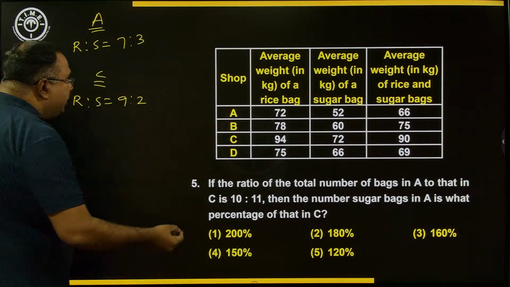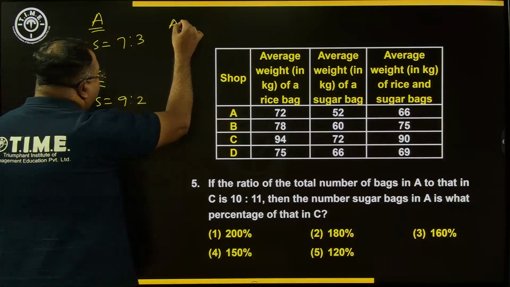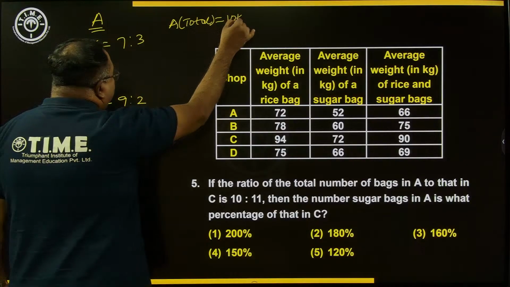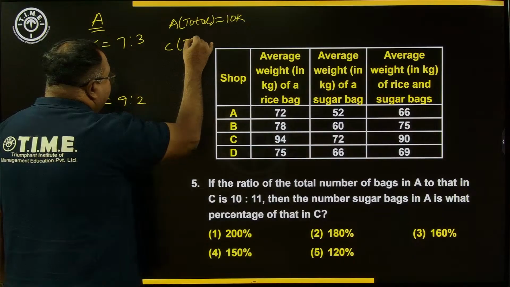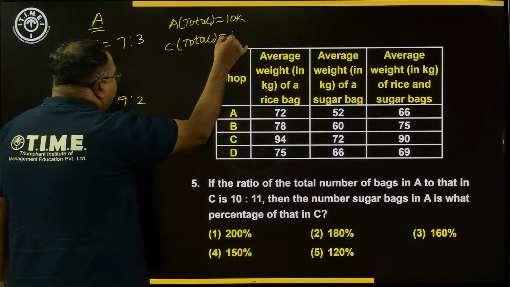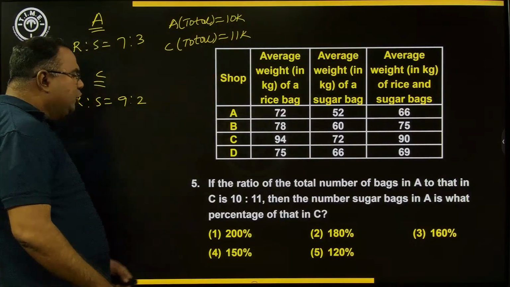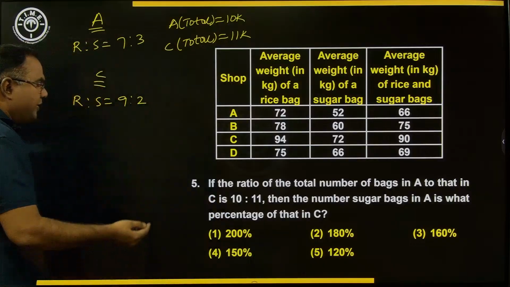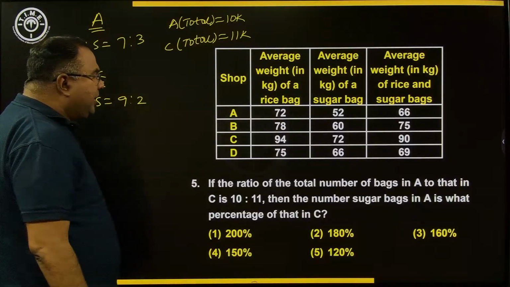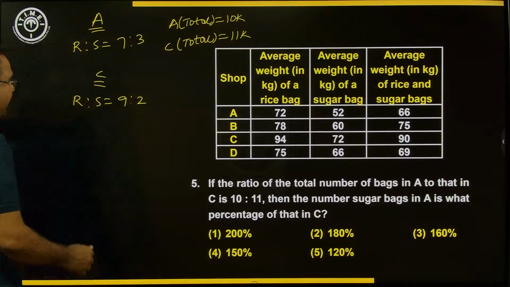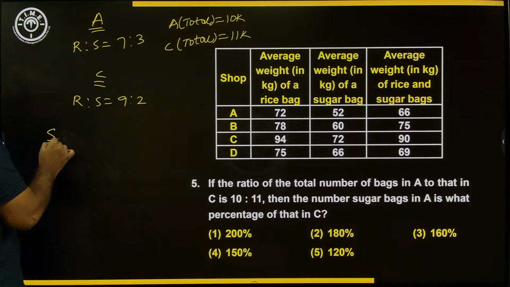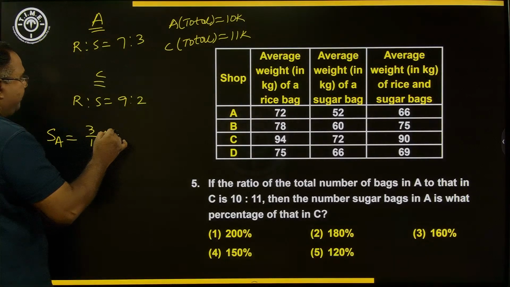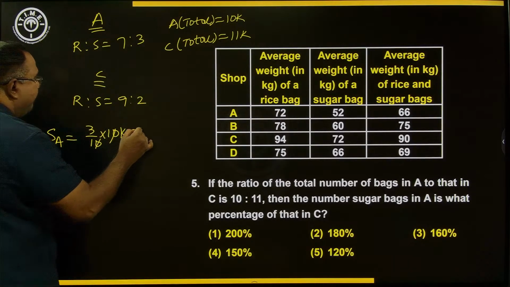Right? So the total bags in A is 10K and the total bags in C is 11K, because they are in the ratio of 10:11. So what's the question? Find the number of sugar bags in A as a percentage of that in C. Sugar bags in A will be 3/10 into 10K, so it has to be 3K.